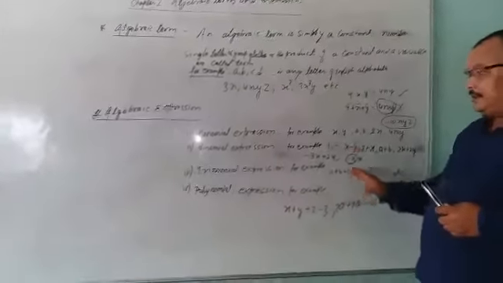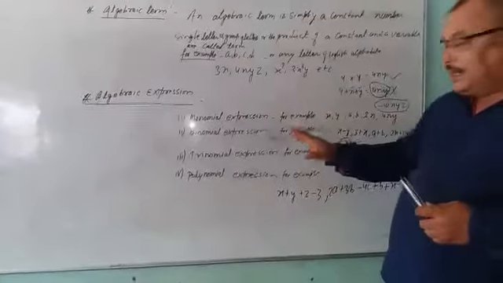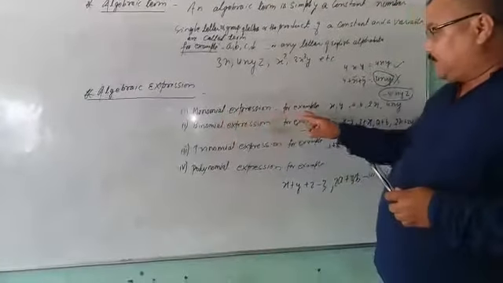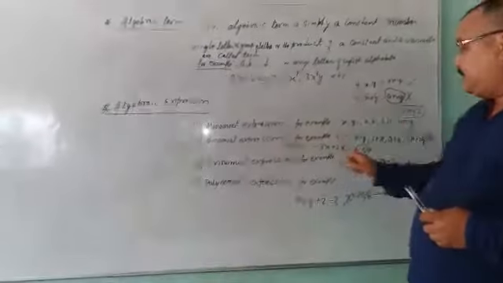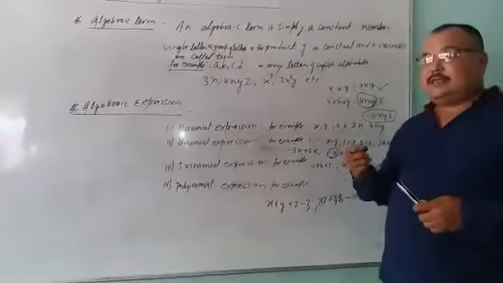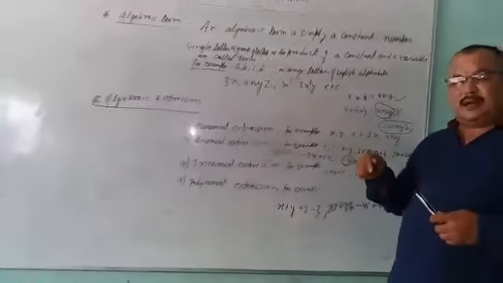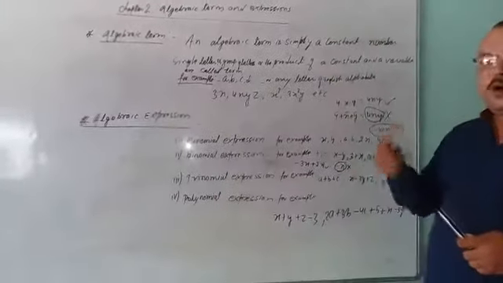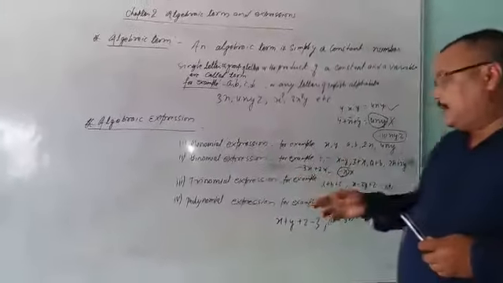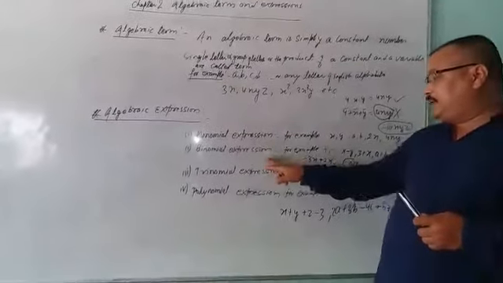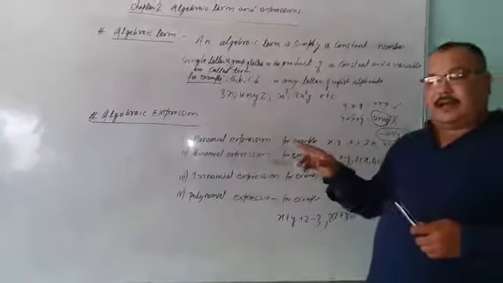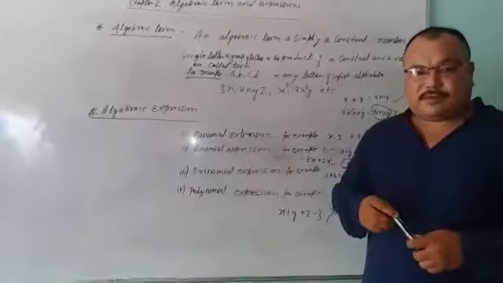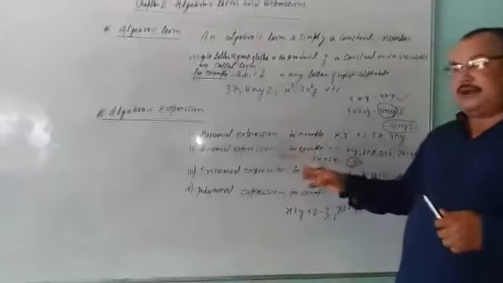My dear students, once again I repeat the expressions. A monomial expression is a single term expression which has one single sign, either plus or minus sign. And a binomial expression means an expression which has 2 terms.